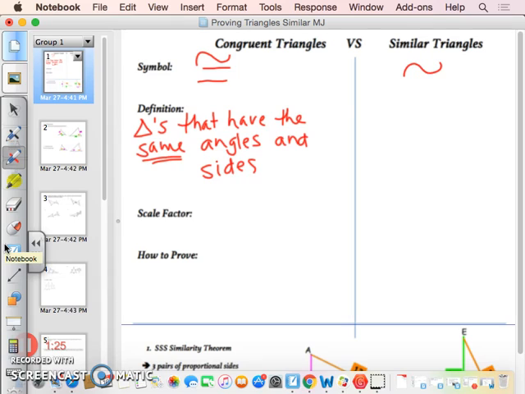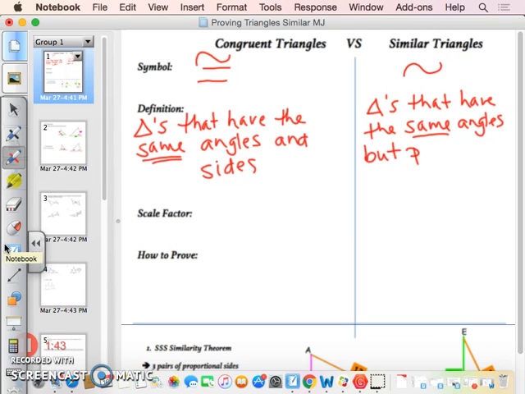Now, in contrast to that, similar triangles are triangles that have the same angles, however, the sides are proportional. And that's where we use that little loop.